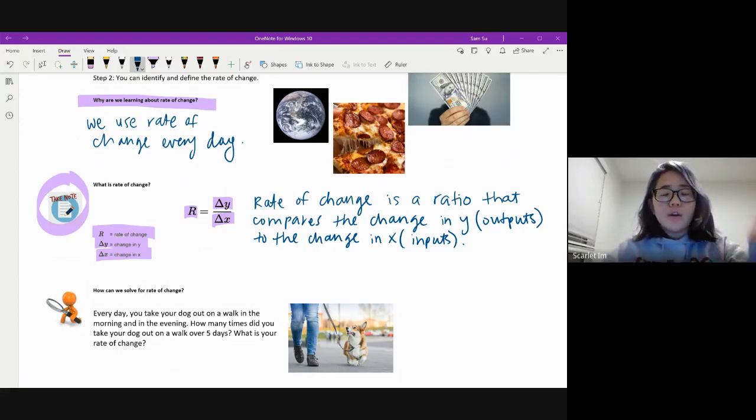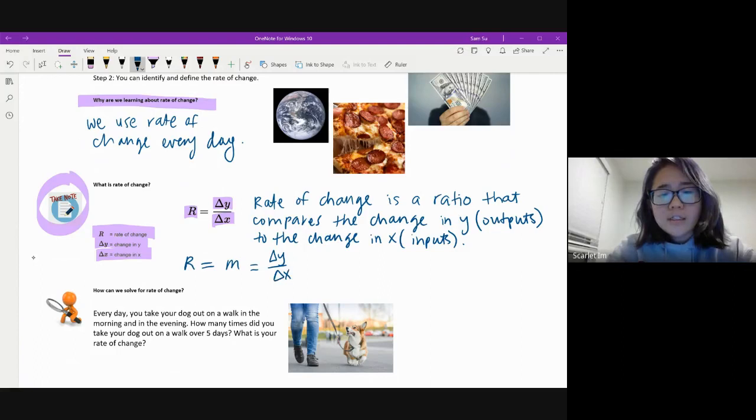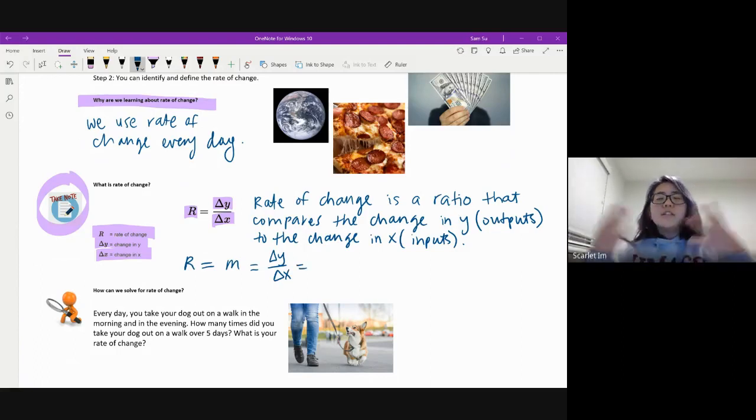So this is our rate of change, and there are a lot of different ways that we can represent rate of change. So there is change in Y over change in X using the delta symbol. But more commonly, what we do like to represent rate of change, especially with linear functions, is with m. So rate of change can also be represented by the letter m. And we know that it means the change in y over a change in x. So I'm going to use the delta symbol, change in y over a change in x. Another way to write this is, change is basically difference, and you're going to see this in the next problem.